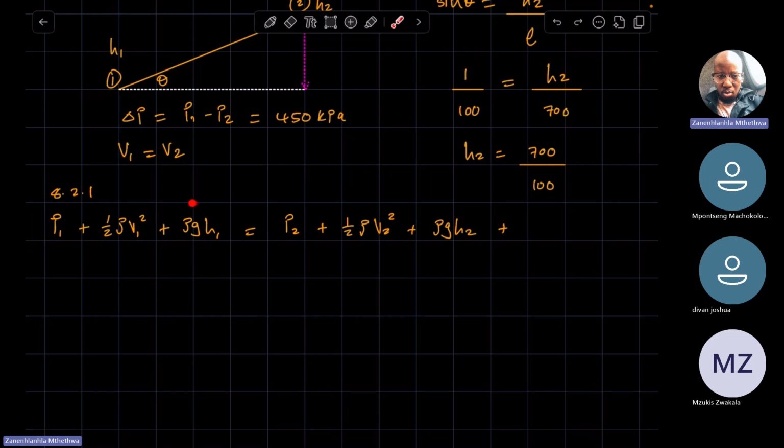The way we do that is by using rho g H. So instead of HL, because each of the terms are in terms of pascals, you would then have rho g HL.